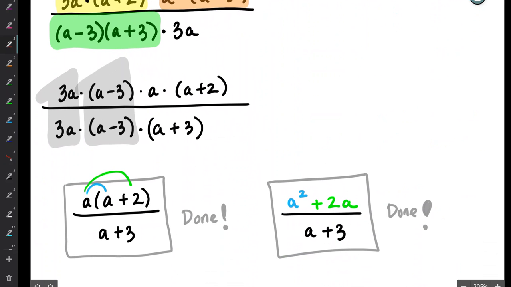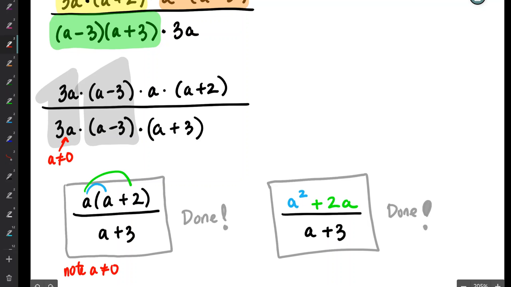So for an example, in the example 2 here, a can't be 0 because 3 times 0 is 0 times who cares what is 0. And it's not clear to me when I'm looking at the answer here that a can't be 0, so I should do a little note to my reader.